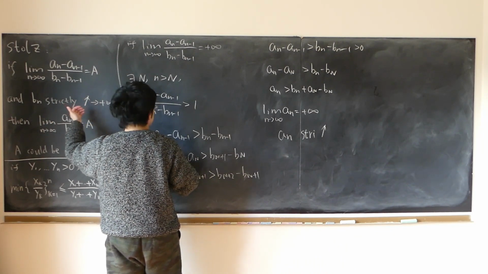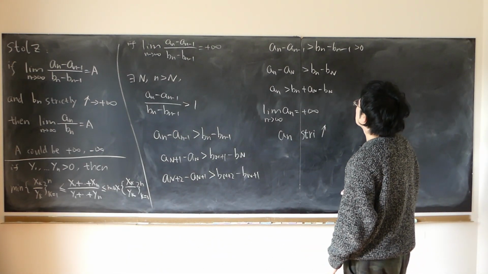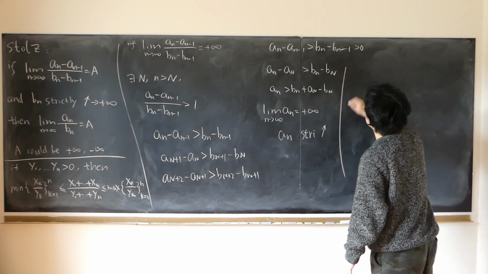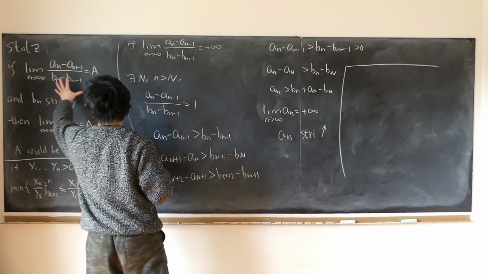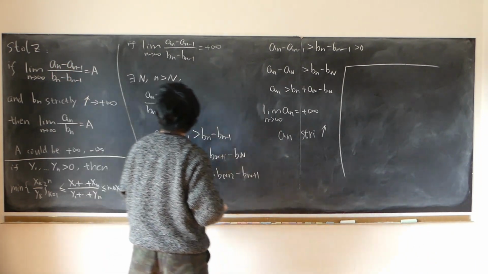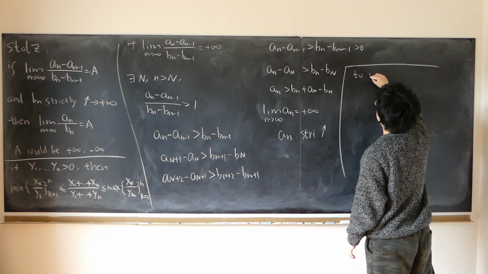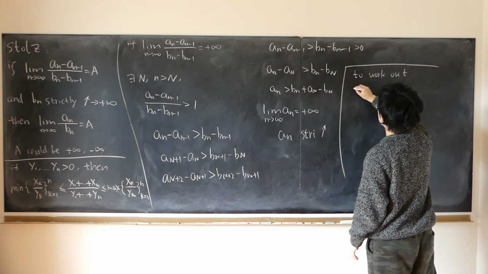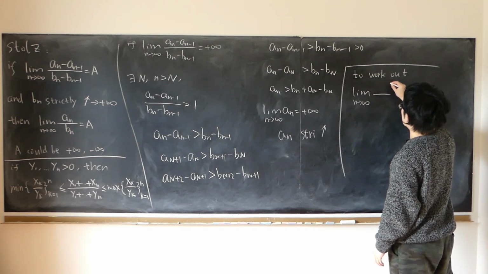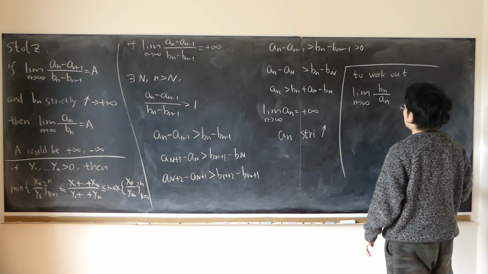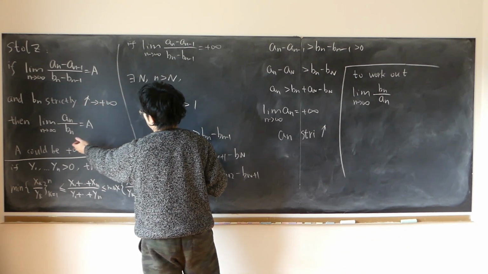So we can treat an as bn. In other words, if we want to work out this time the limit of the reciprocal, bn over an, like I said, the condition is that the denominator approaches positive infinity, monotonically strictly increasing.